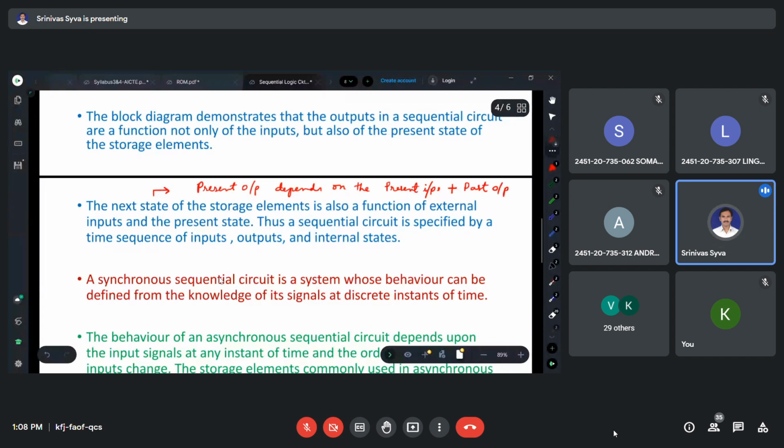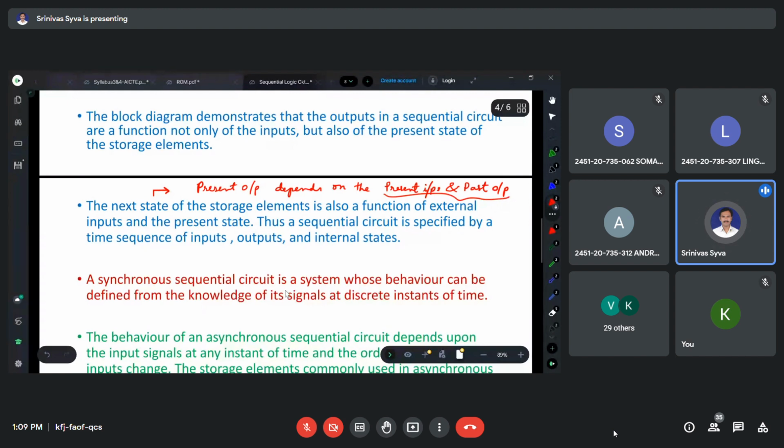The present output depends on present inputs and past outputs.